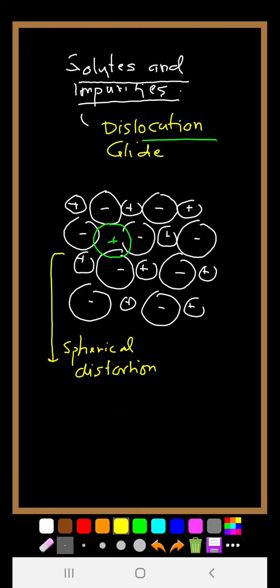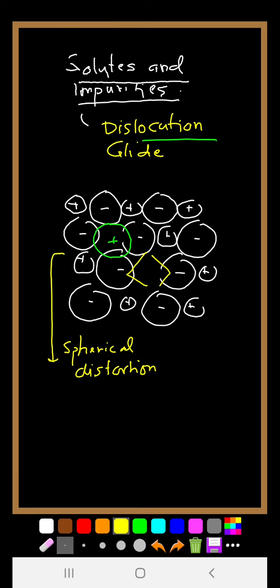However, if we have a cation vacancy, for example this vacancy here, this will cause a lattice strain here.